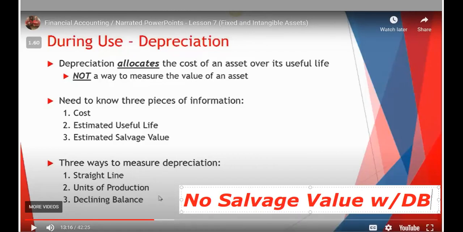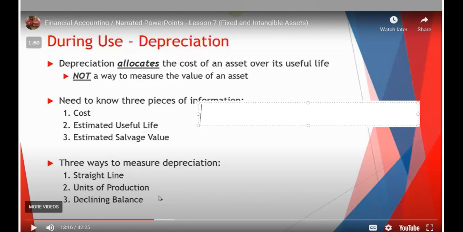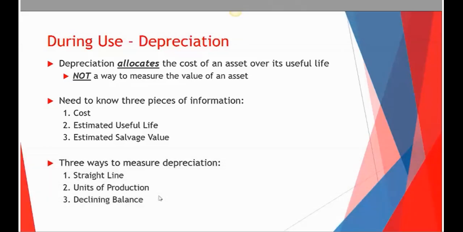You might be going down to a certain level of salvage value, but you don't use that in the actual calculation of initial depreciation with those declining balance methods. We'll talk more about that in a little bit. It takes extra depreciation right away, the thought being that the value of the asset is going to decrease over time.